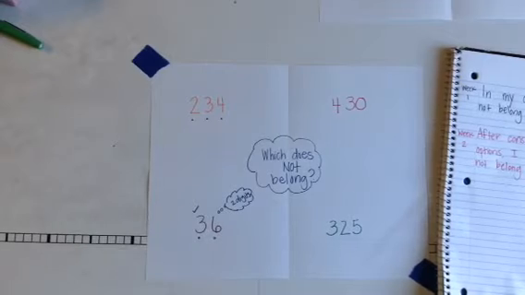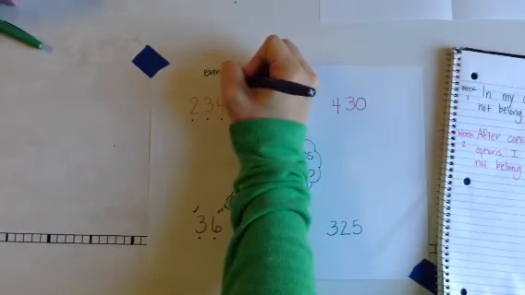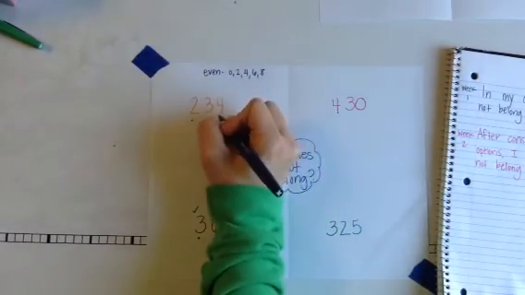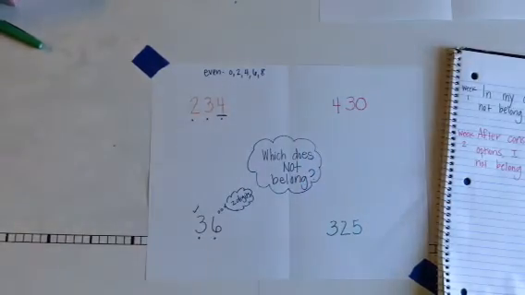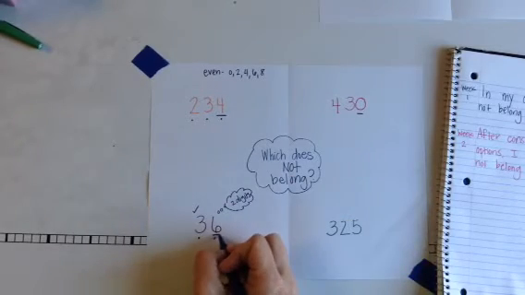So I want you to take a second and look at the ones place for each number and see if you can come up with a reason that we could disqualify a number based on even and odd. Think to yourself for a second. Just a reminder, our even numbers are 0, 2, 4, 6, and 8. And you want to be looking in the ones place to determine if a number is even or odd.